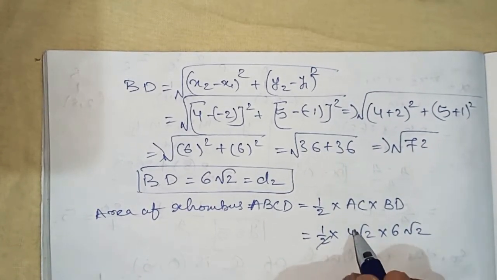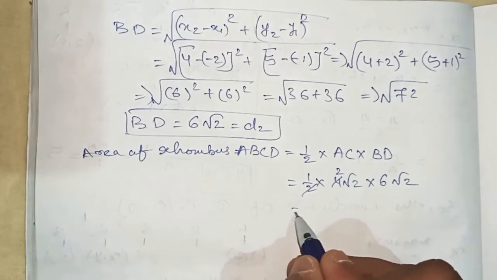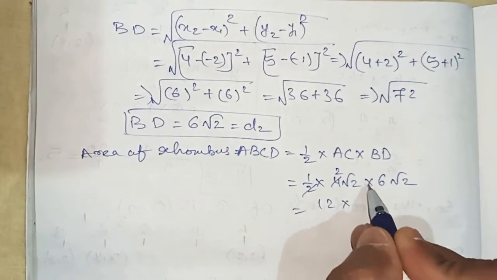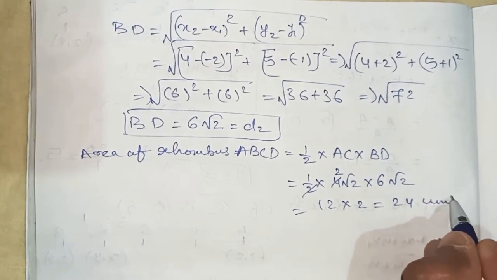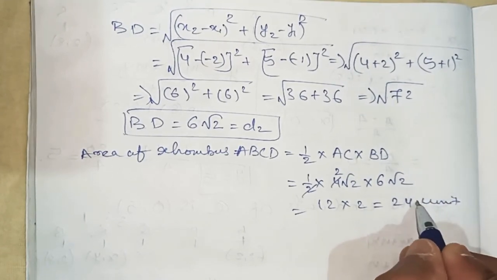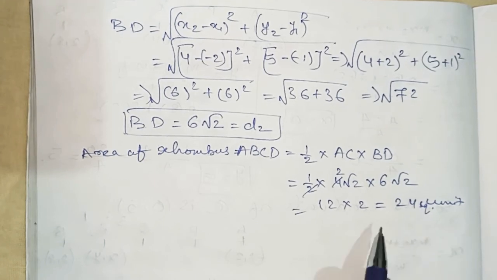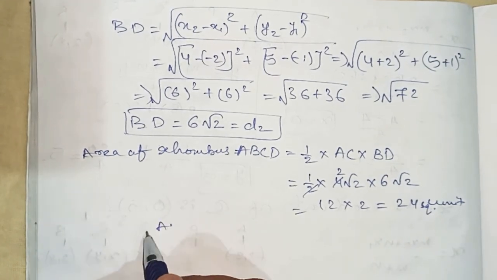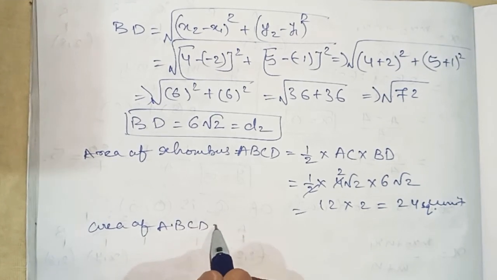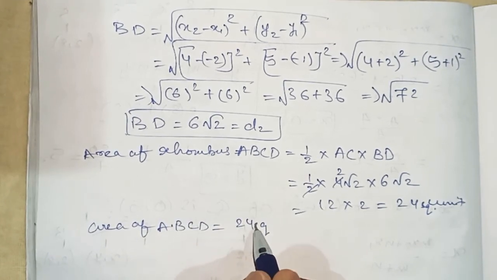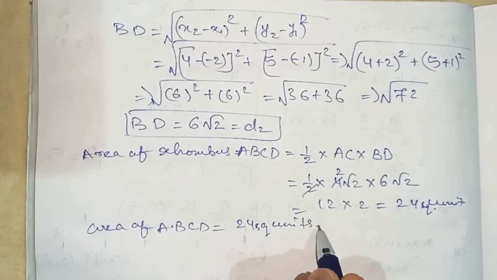Cancel 2 and 4 here, we get 2, 2 sixes are 12, root 2 into root 2 is 2, so that is 24 square units. So the area of rhombus ABCD is 24 square units.